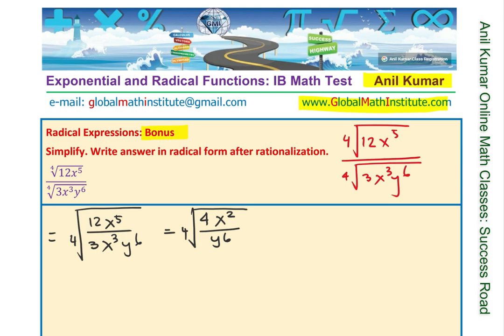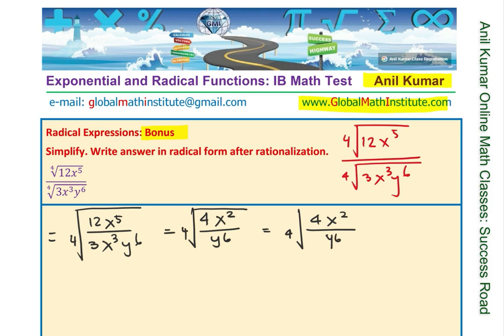Now, since we have to simplify this 4th root, and you have something like squares here, a good method of doing it is y to the power of 6 needs to be kind of rationalized, right? So I could write this as what? This is a critical step. So we have 4x squared over y to the power of 6.